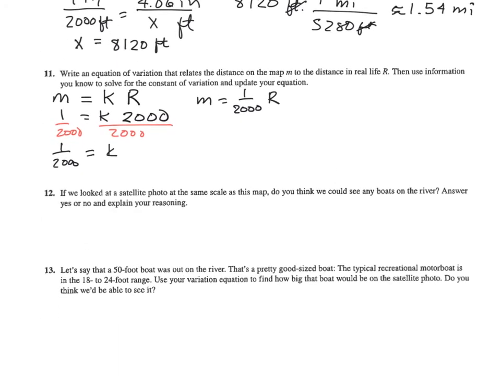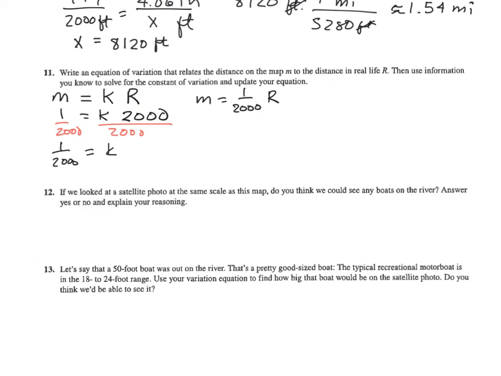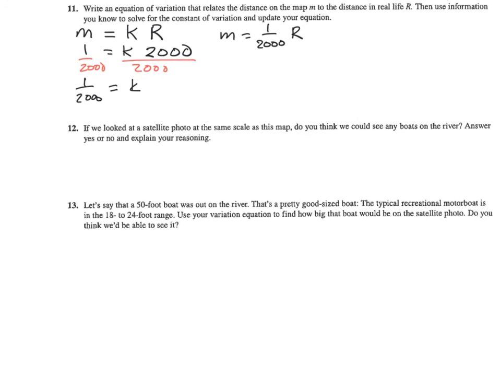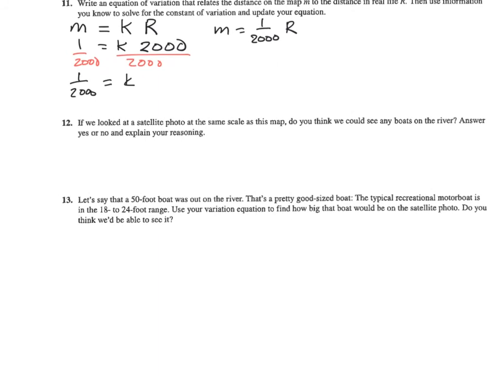So number 12 says, if we looked at a satellite photo at the same scale as this map, do you think we would see any boats on the river? Well, I think it would be very difficult to see. It might be like a little speck or something. And 13 helps us give reasoning to that. It says, let's say that a 50-foot boat was out in the river.